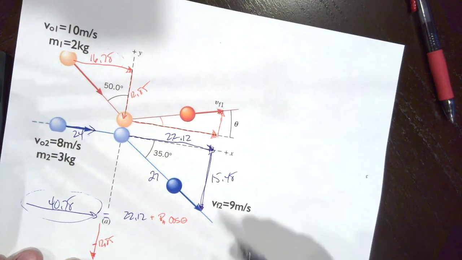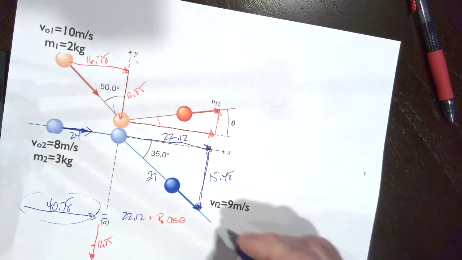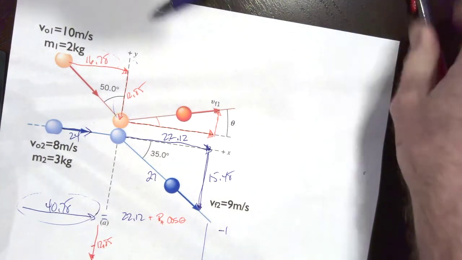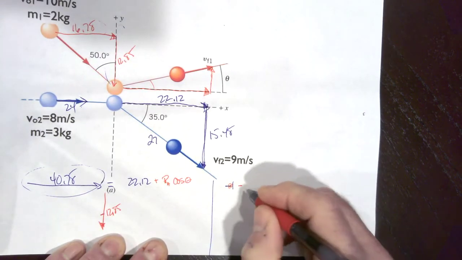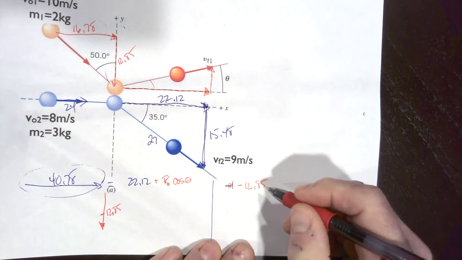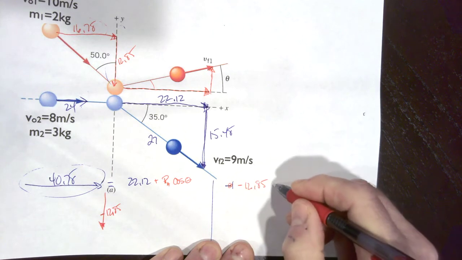And in my y dimension, we've got down in the negative, negative, should be red, right? Negative 12.85. That's the total momentum before in the y dimension, which has to equal the total momentum afterwards.